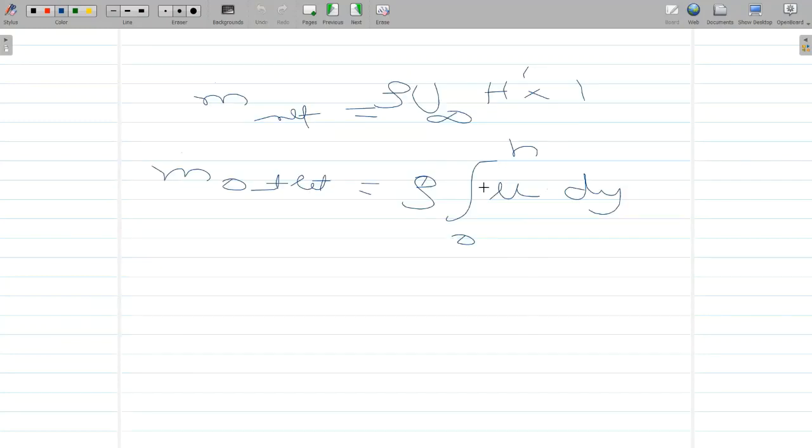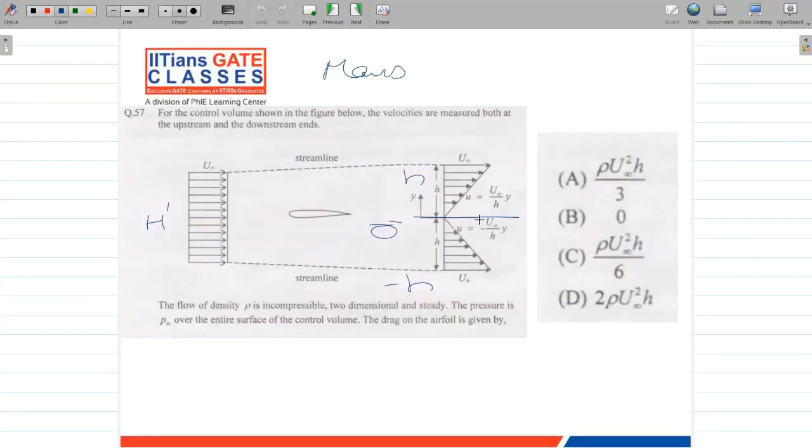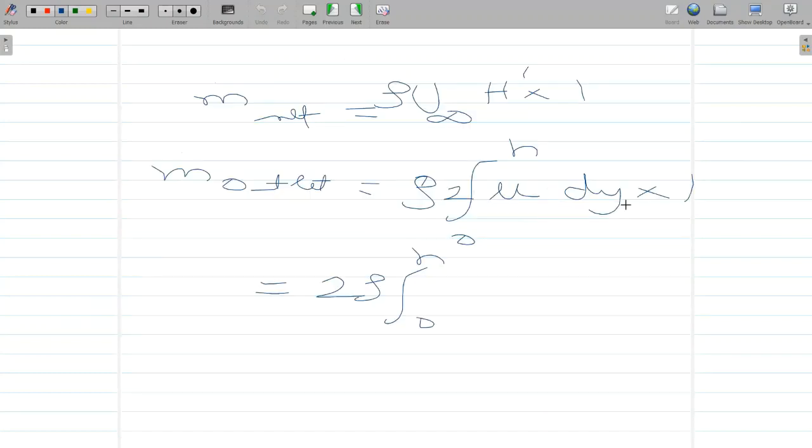So it becomes 2 times this, times the dimension perpendicular to the paper, that is 1. So 2 rho times the integral from 0 to h of u, which is u infinity times y by h, dy.